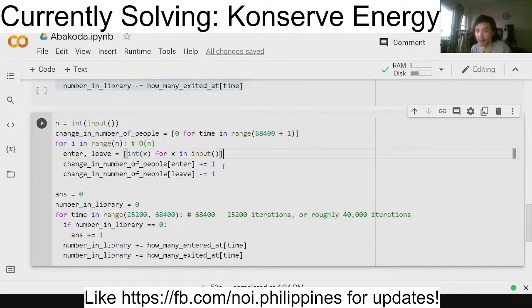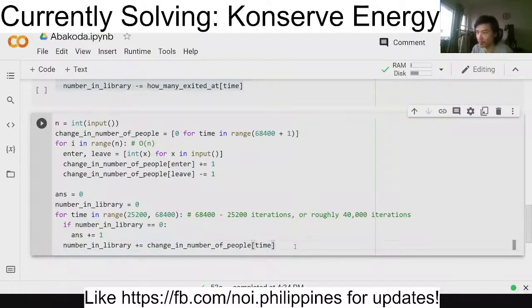When someone leaves at that time, the change decreases by 1. And then down here, you don't have to care about the entry and exit separately. You just care about what's the total change. And right, the change can be negative, because if there are so many people going out at the same time, then the change is negative.